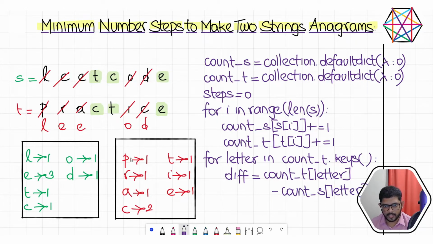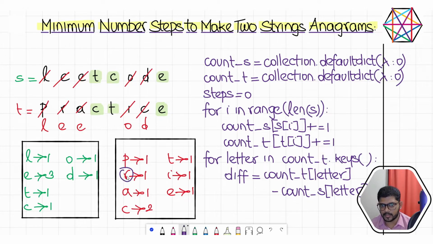So now we're going to see p is occurring exactly once in string t and p is not at all occurring in the string s. That is where this default dictionary is very useful, because we have already given a default value of 0, right? So p's corresponding value in the dictionary corresponding to s is going to be 0. So 1 minus 0 is 1. So the difference is going to be 1 for the letter p.